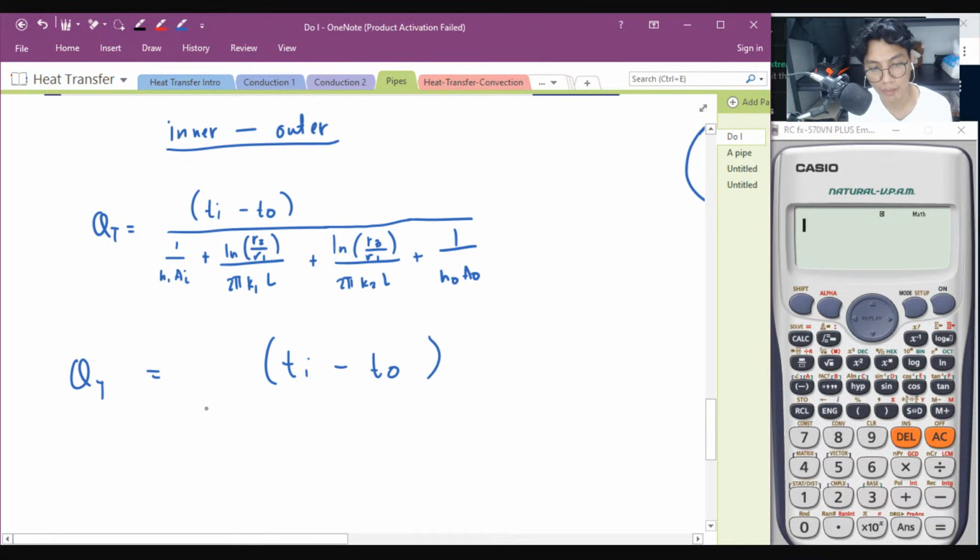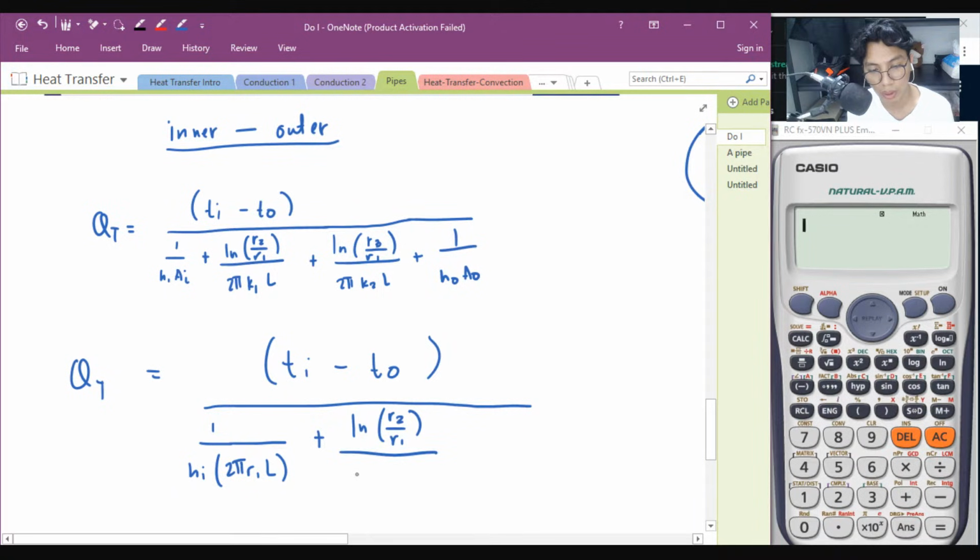Parenthesis. Divided by 1 over HI. Yung area niya, 2 pi R1 L. Okay? Plus the ln nung R2 over R1.